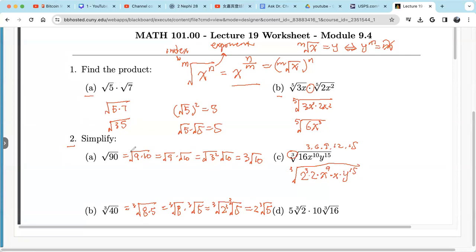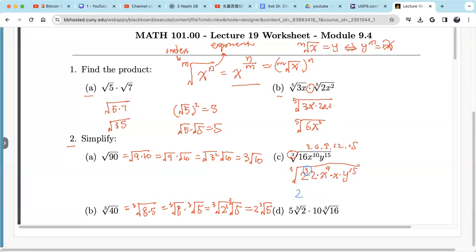Now, let me change my color. So let's see. Those with exponents that are multiples of 3 can be simplified. You see this 2 raised to 3, the index is 3, and 3 divided by 3 is 1. So I have 2 raised to 1, right?